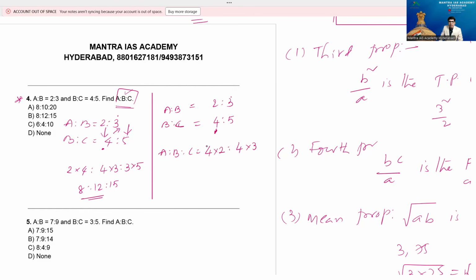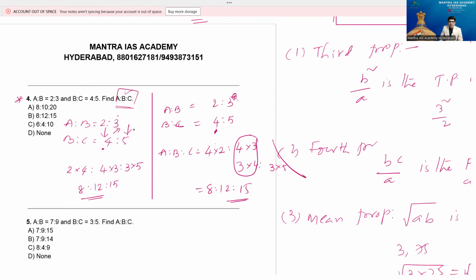That is what you can say as A is to B. Same now, the B value in the first part is 3, just multiply the second ratio with the same thing. That is 3 into 4 is to 3 into 5. Now it's a common value you got here. That is 8 is to 12 is to 15. This is the best way.